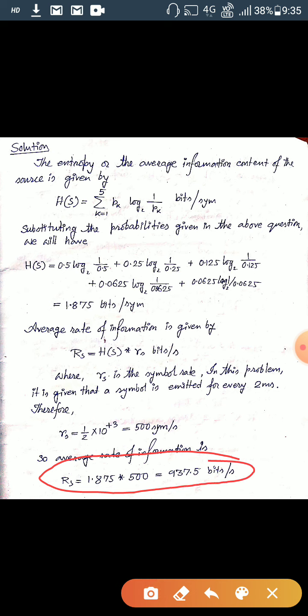So the average rate of information, or capital R, is equal to this. So I think everyone can understand what entropy is, and can also calculate the value of the entropy and the average rate of information.